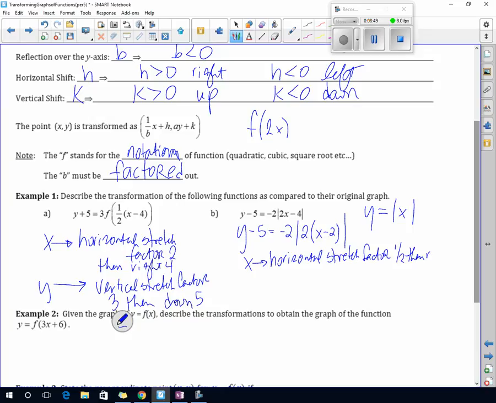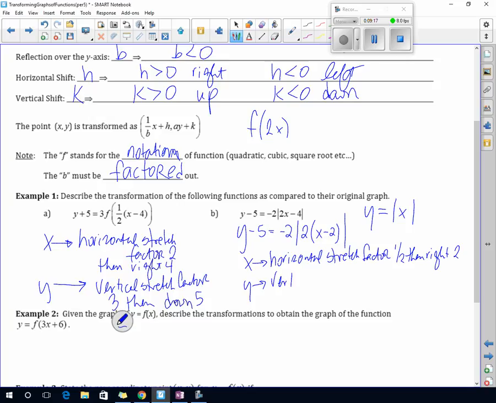Then what are we doing for our Y's? There's 3 things happening for the Y. Multiply effect happens first, though. So, what would that be? Vertical stretch. We got to describe it properly. Vertical stretch factor 2.